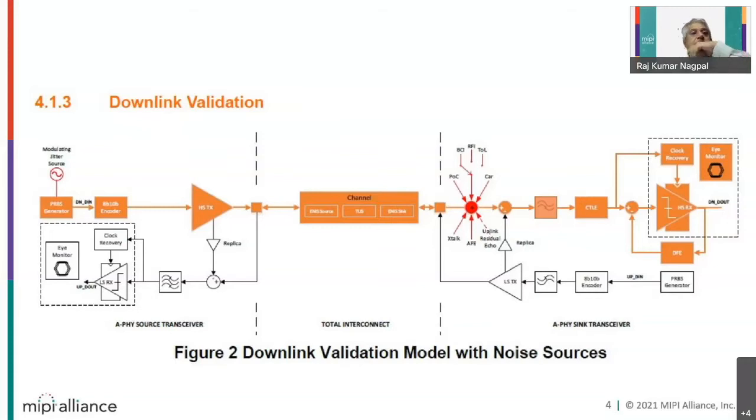Because uplink is always active, there will be some uplink noise, which you can partially cancel. With the uplink noise canceller and your pattern, you can subtract this noise to some extent, but it is going to be present. So this is unavoidable. So POC, crosstalk, A-PHY, uplink noise, these are all always present noises.